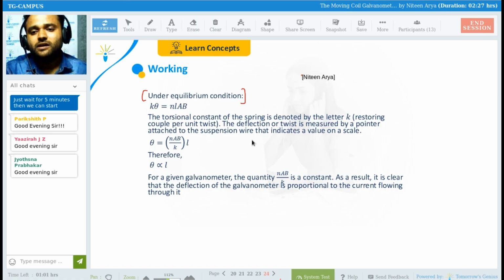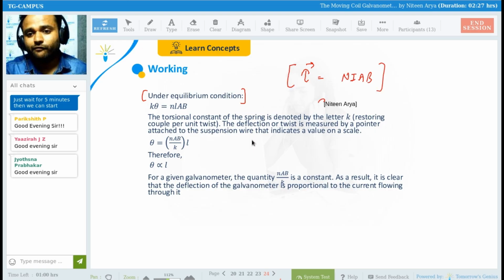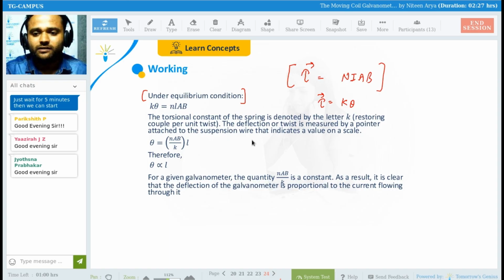It means the torque due to NIAB sin theta, or NIAB only, which is the torque due to the magnetic field on a coil, and the other torque is K theta, where K is the constant of the spring and theta is the angular deflection. K depends on the conductor and the spring. So K theta equals NIAB, equating both equations because it is in the equilibrium condition.